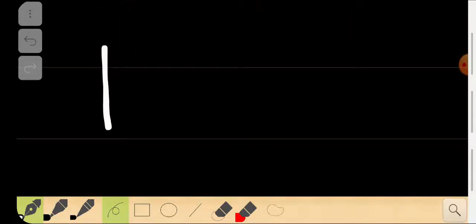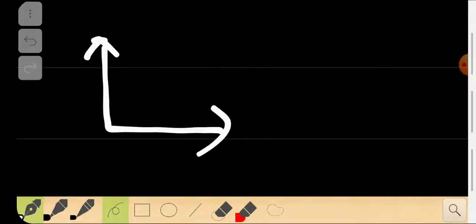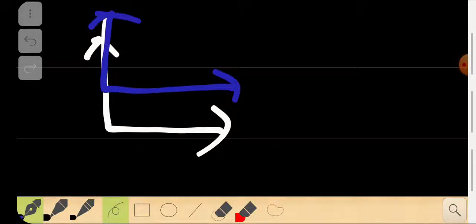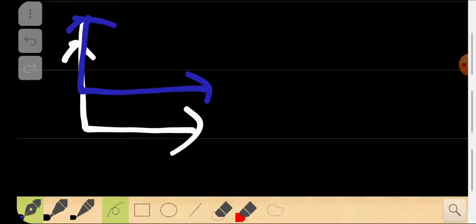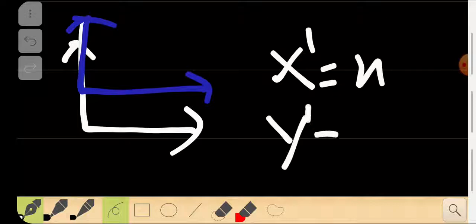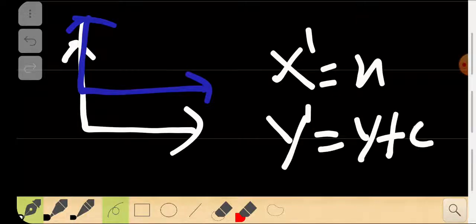Similarly, if the new coordinate system is shifted like this, then x dash will be x itself, and y dash will be y plus some constant c.